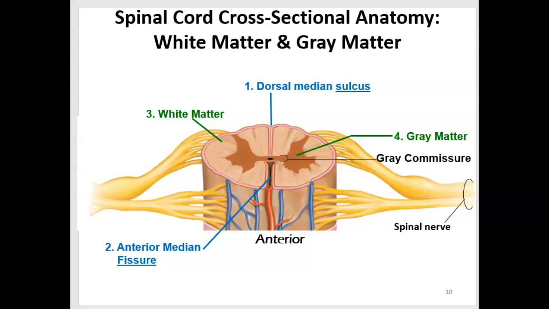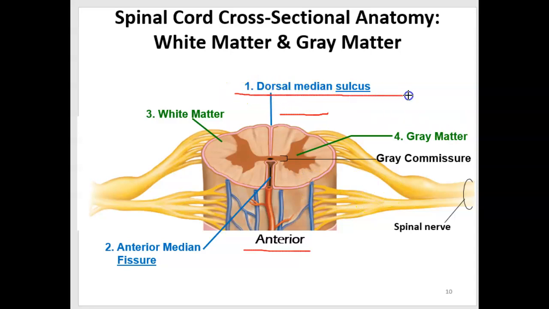You can also orient yourself as far as what's anterior and what's posterior in the spinal cord based on its anatomy. So notice that at the midline of the spinal cord, there's some slits between the right and left halves.